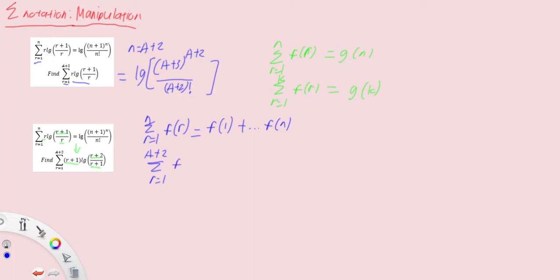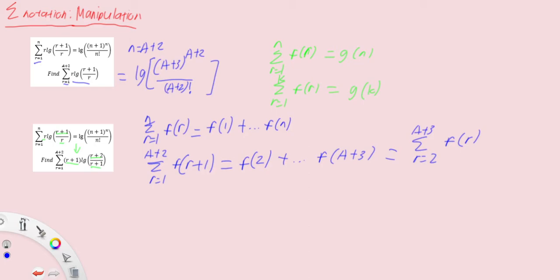And because every r is now r plus 1, your function is now f of r plus 1. And this gives us f of 2 when you substitute the first r equals to 1, plus all the way to f of A plus 2 plus 1, A plus 3, which is the same thing as the summation of r equals 2 to A plus 3 of f of r.